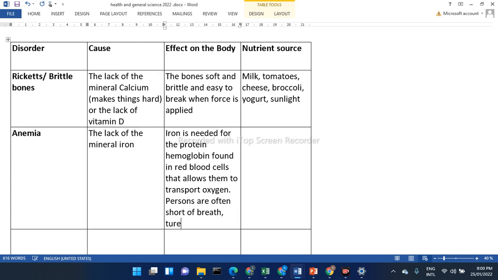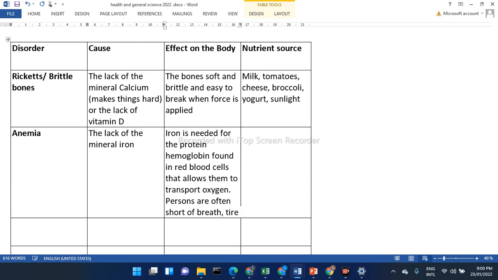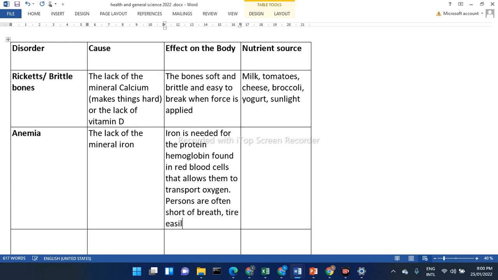They tire easily. That means they get tired easy. And have muscle pains.